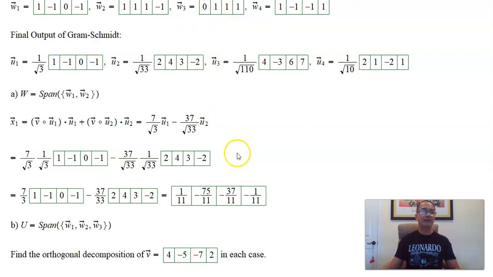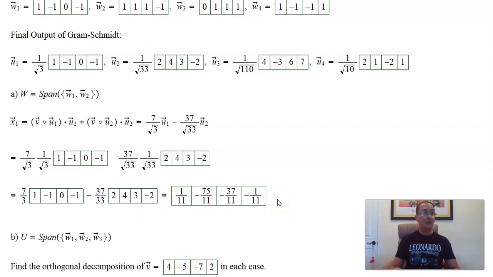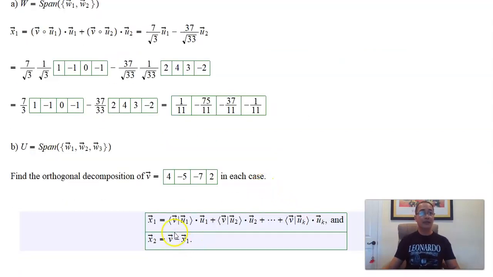Maple, could you do that for us? Yeah, sure. Ooh, it simplifies a little bit. Okay, great. So according to the formula, x2, you just take the difference. So x2 is v minus x1.